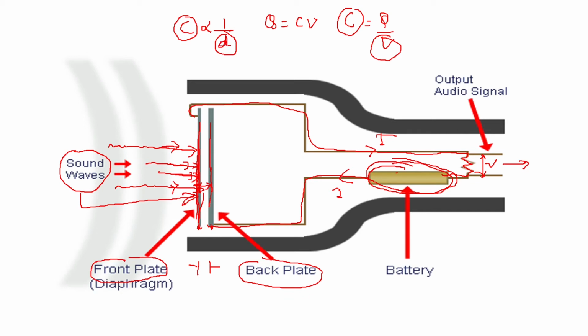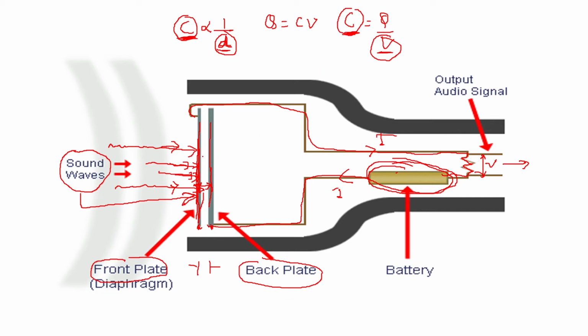When the distance is less, capacitance is more. If the distance is more, capacitance is less. Similarly, if the capacitance is more, then the voltage across it is less. If the capacitance is less, then the voltage across it is more. Similarly, the concept goes with the charging and discharging current.